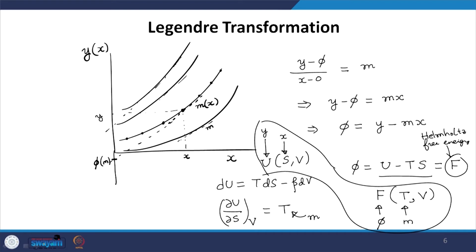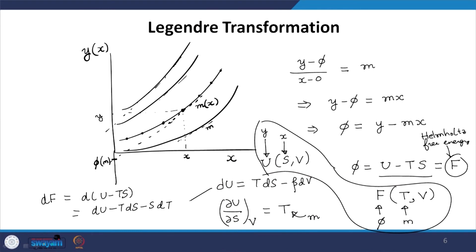So, now I can also find the dF. By definition, we have dF is d of U minus Ts, which is dU minus Tds minus sdT. If I do the derivative of Ts, it will be Tds plus sdT. That is what we have here.